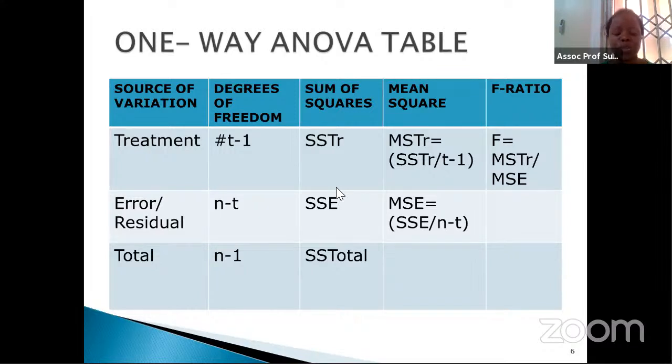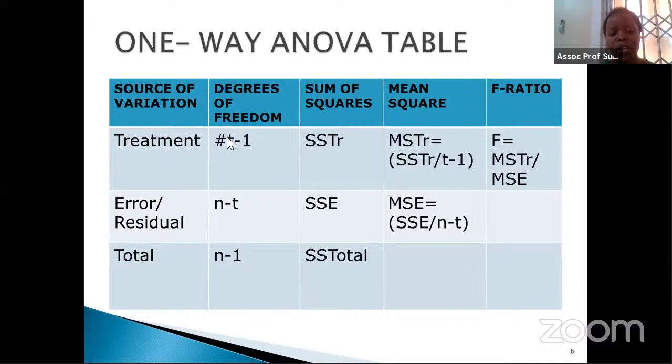Now, somebody says I should talk about the degrees of freedom. For treatment, the degrees of freedom is the number of treatments minus 1. When we are computing the sums of squares for treatment, we need to know the overall mean for all the treatments. Because of that, we use one piece of information, which we are subtracting here. So the information that is left is the free information, the degrees of freedom, the information which is free for you to use in your analysis.